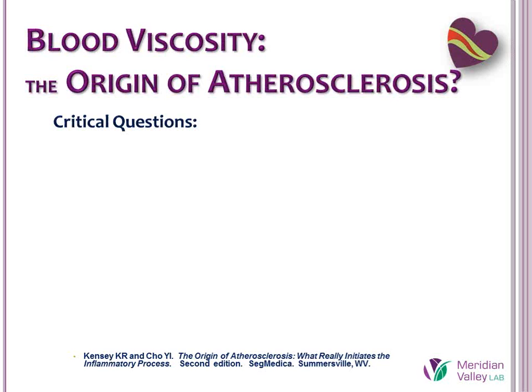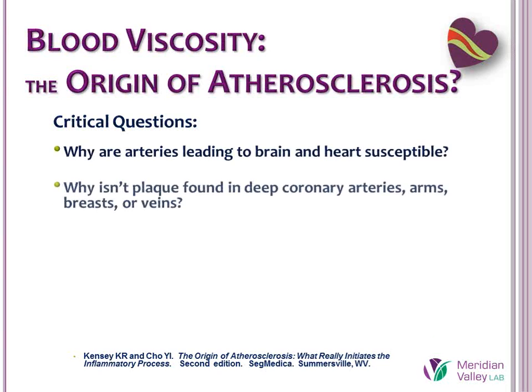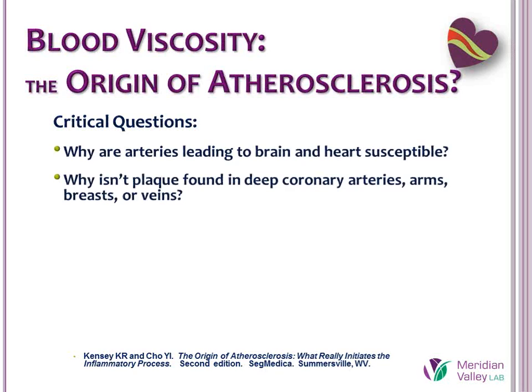So the questions posed by Dr. Kenzie and Dr. Cho were, why are the arteries leading to the brain and heart so susceptible to atherosclerotic plaque? Why don't we see atherosclerotic plaques developing in the intramyocardial coronary arteries, which are buried in the heart, or in the arteries of the arms or the breasts or in the veins?